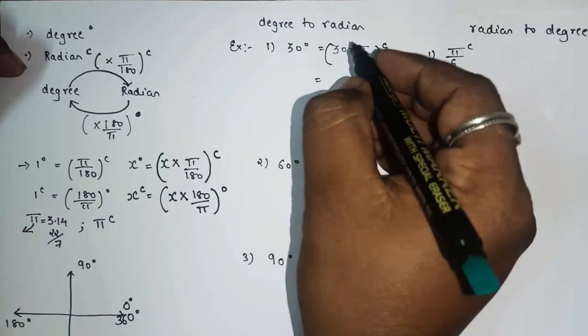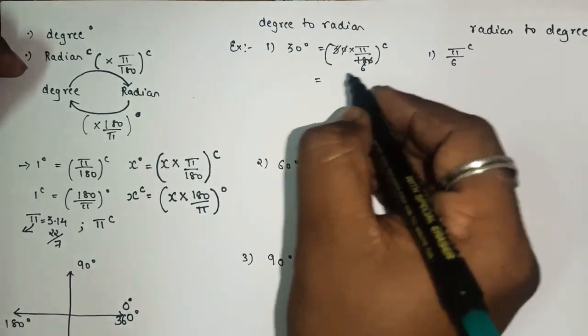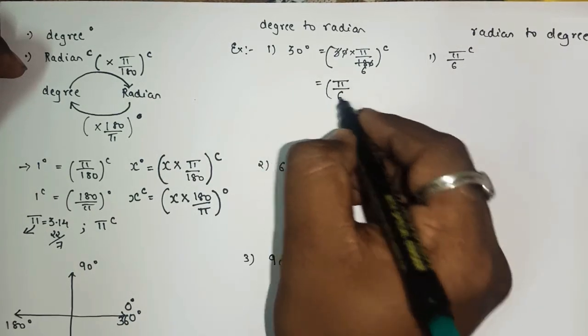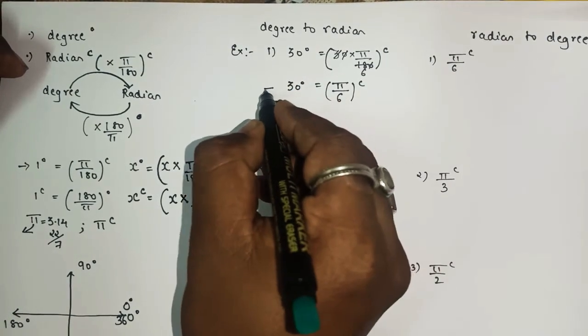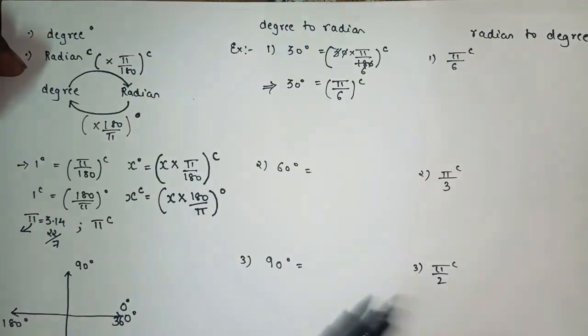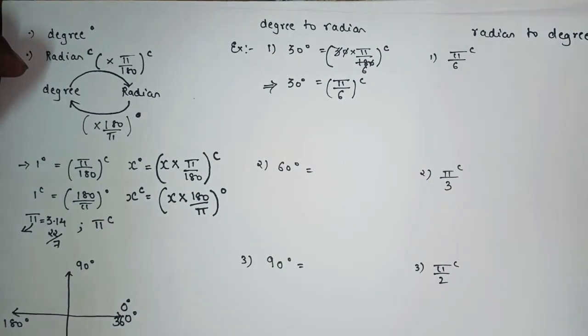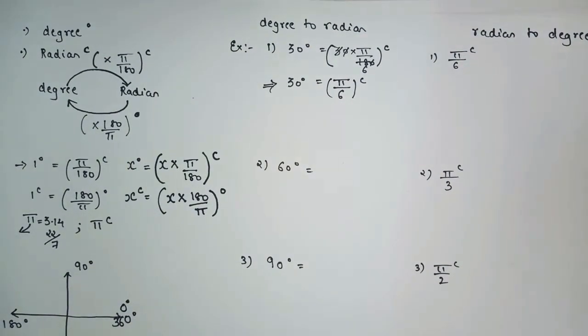Therefore you will cancel the 0 and 0, 3 ones are 3, 3 sixes are 18, so you will be left with what? Pi by 6 radian. So here, can I say 30 degree, we can read 30 degree as pi by 6 radian? Got the point? I hope you all understood the first example.